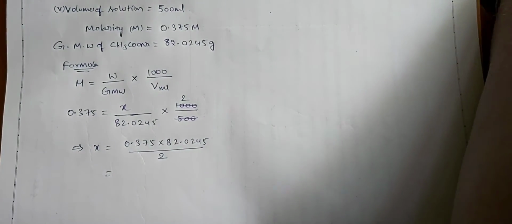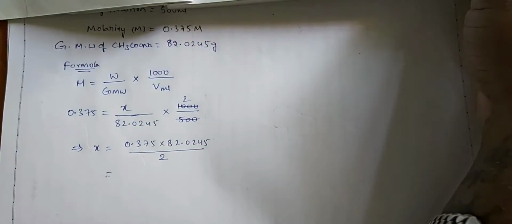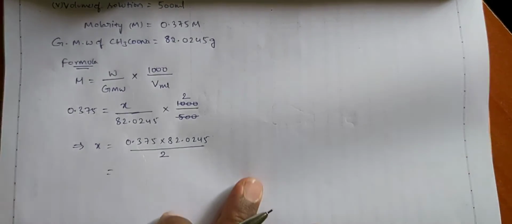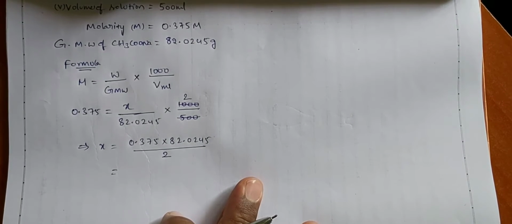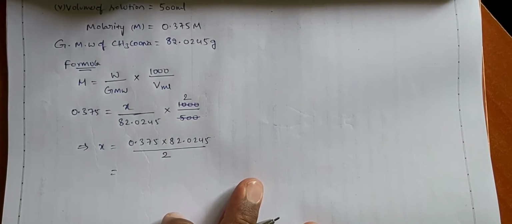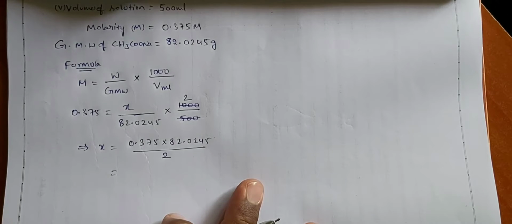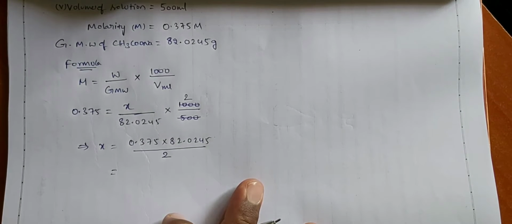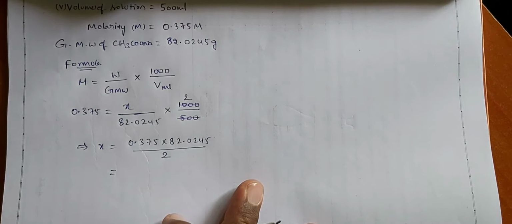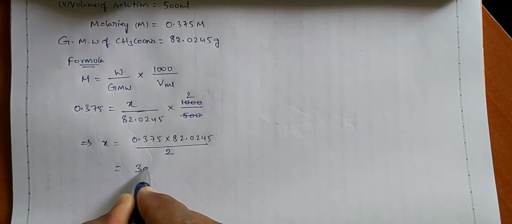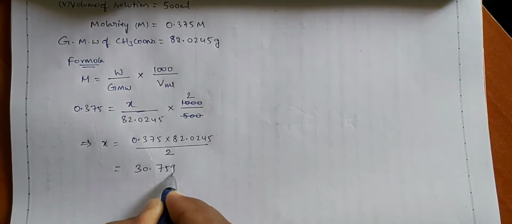I will check that one more, just one second. 0.375 into 82.0245 is equal to 30.759.